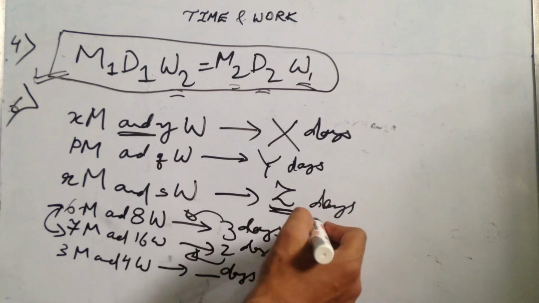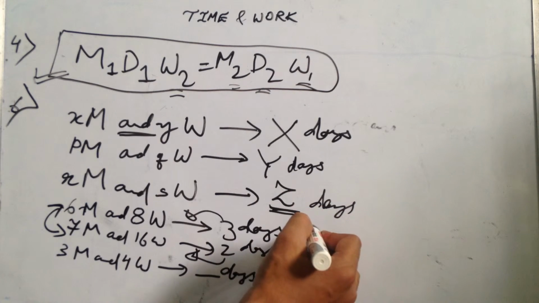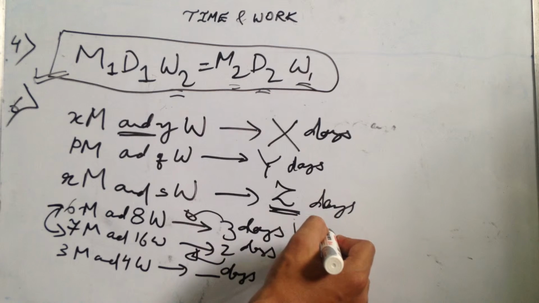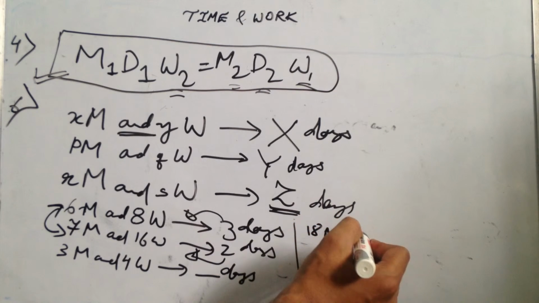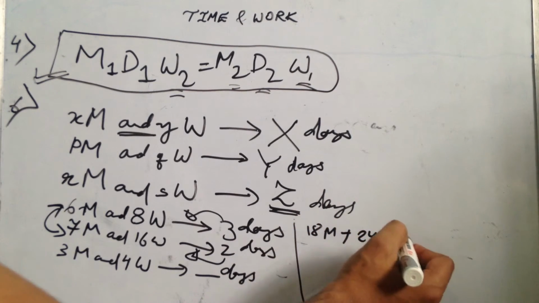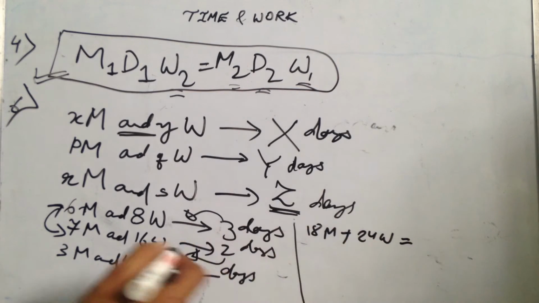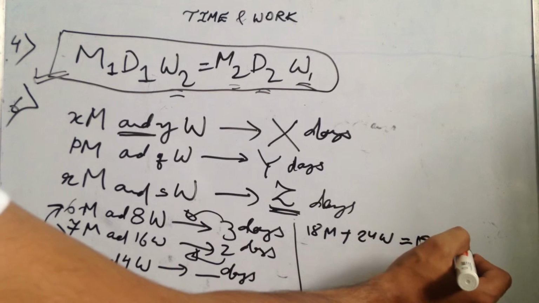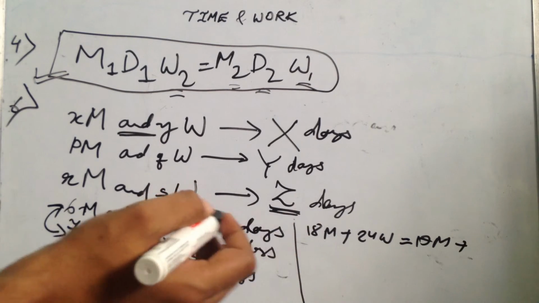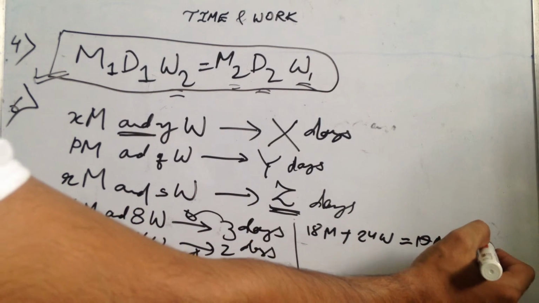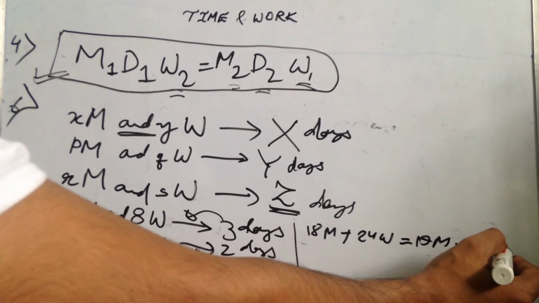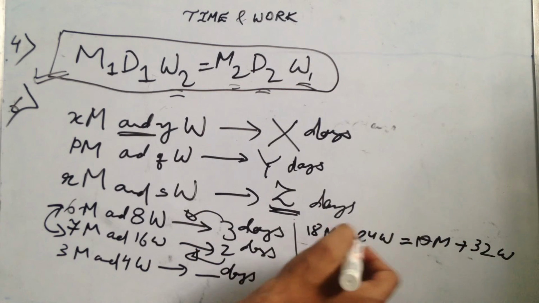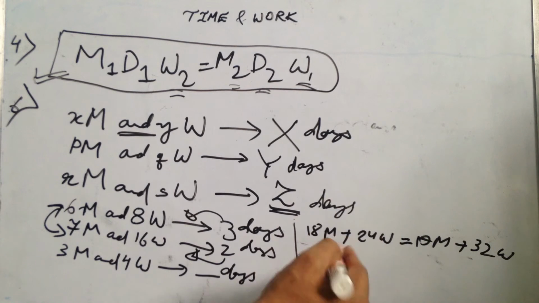So see here how it will be. 3 6s are 18, 18 men plus 24 women. Equate it to this one. 2 7s are 14 men plus 2 16s are 32 women. Okay, so men and women are separated.